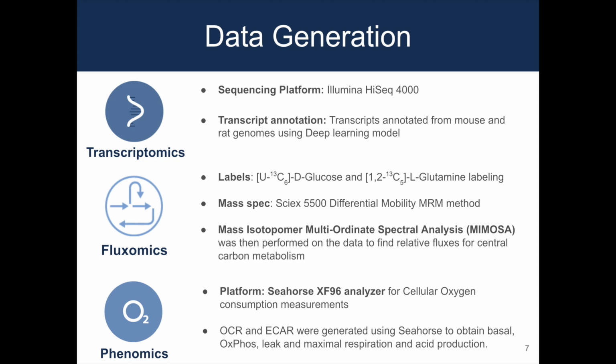The mass spec used was SCIEX 5500 with differential mobility in MRM method. Mass isotopomer multi-ordinate spectral analysis was then performed on the data to find relative fluxes for the central carbon metabolism. For the purpose of phenomics, we use the Seahorse XF analyzer to generate cellular oxygen consumption data.